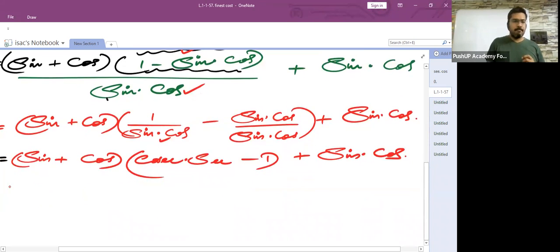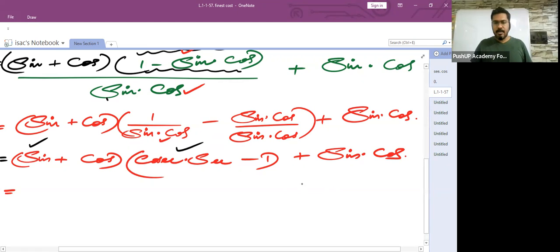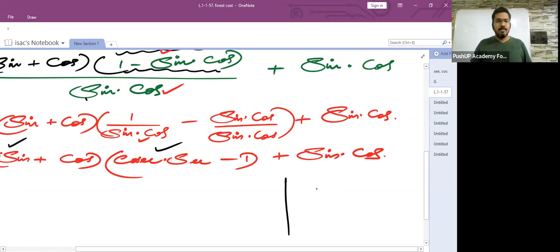We'll do one thing. We'll open the brackets. So how will you open the bracket? First, you will multiply sine with cosec into sec. What you will get when you multiply sine with cosec into sec? Sec, isn't it? Do it on the rough page if you have a doubt. Children, I am asking you to open the bracket.